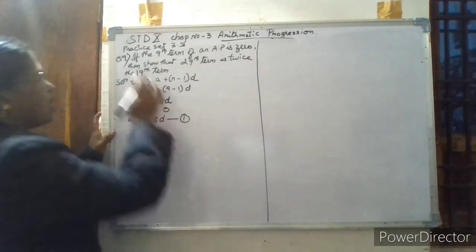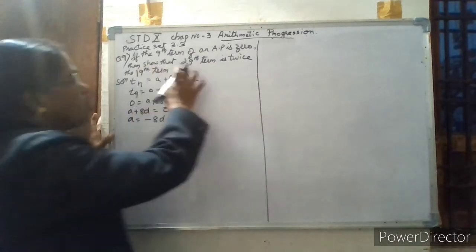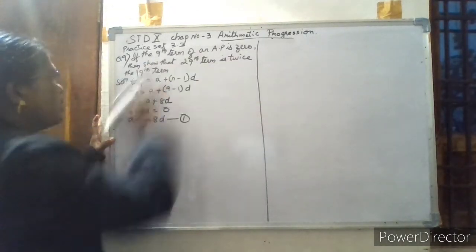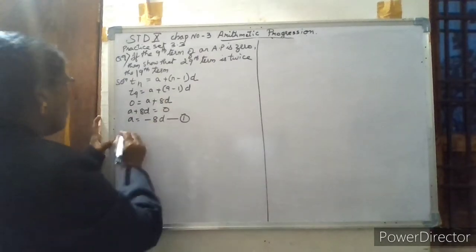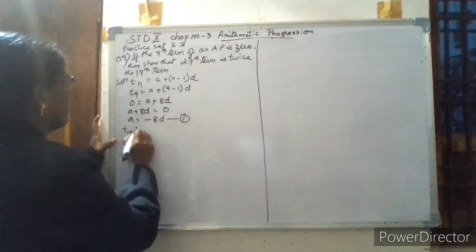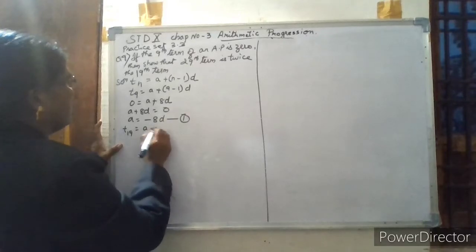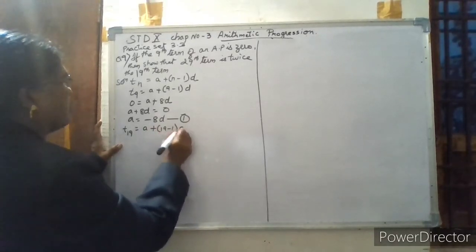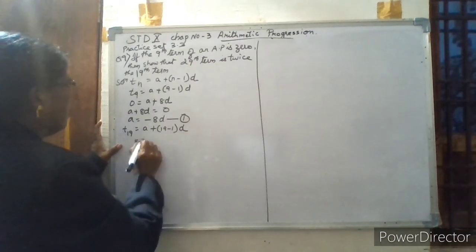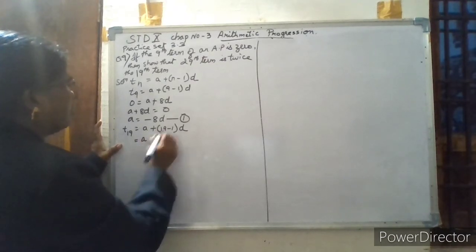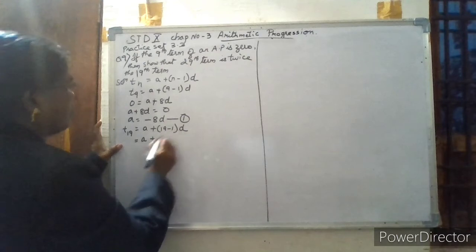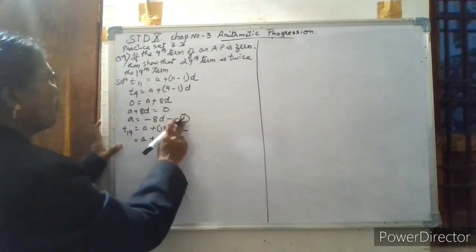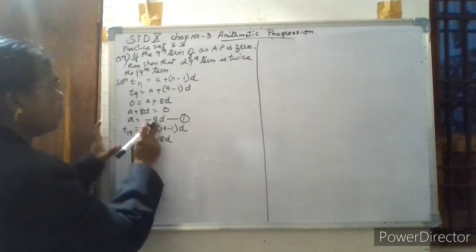Now come to the next part of the question: show that the 29th term is twice the 19th term. So we will first find the 19th term. It is a plus 19 minus 1 into d, which is a plus 18d. Now the a value we have got from equation 1, that is a is equal to minus 8d.